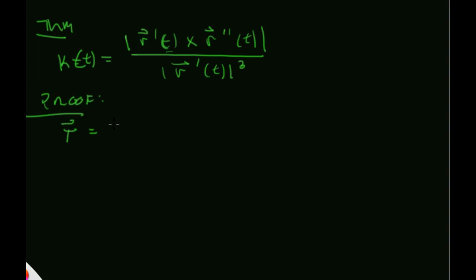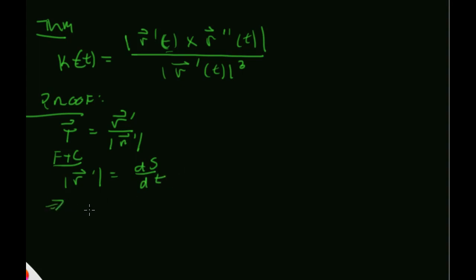T is r prime over the magnitude of r prime. That's just by the definition of the unit tangent vector. If I use the fundamental theorem of calculus, we've shown that the magnitude of r prime is the same as the change in arc length with respect to t.